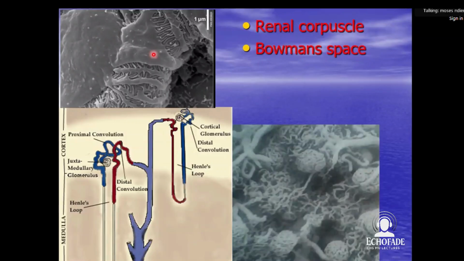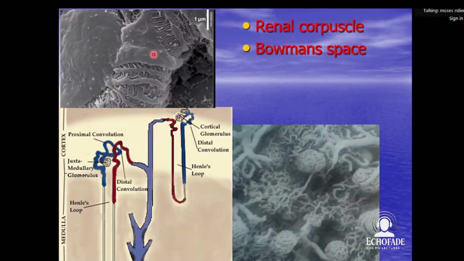Apart from that, they also secrete some autacoids, which are very important. So that is the function of the intraglomerular mesangial cells, which lie between the podocytes and the endothelial cells.